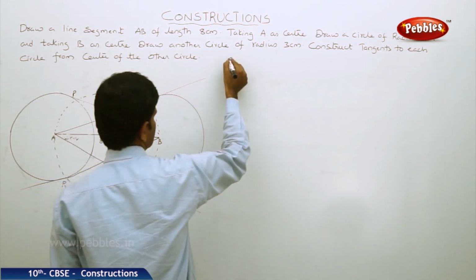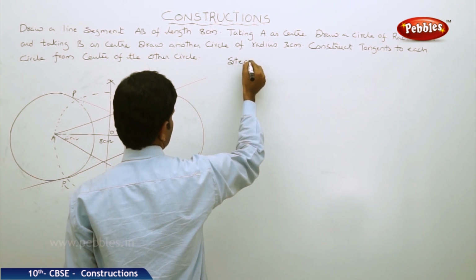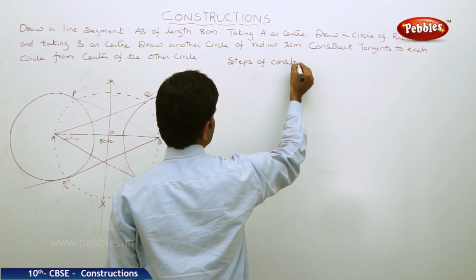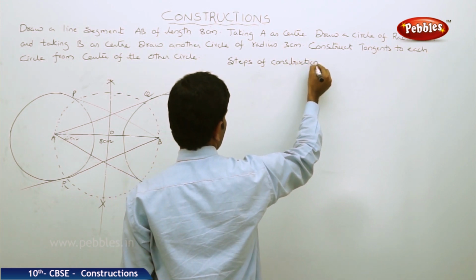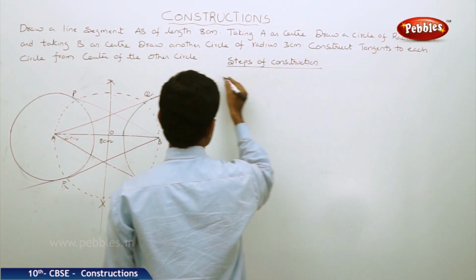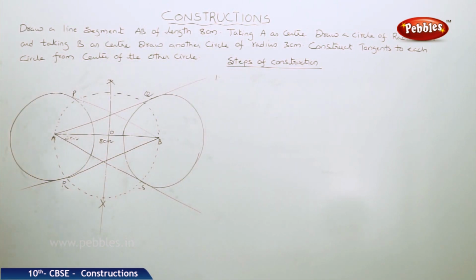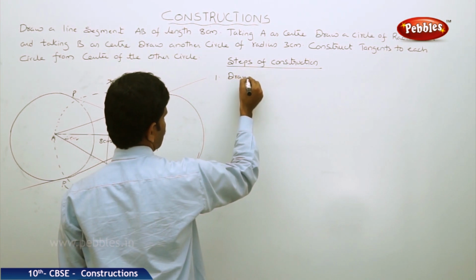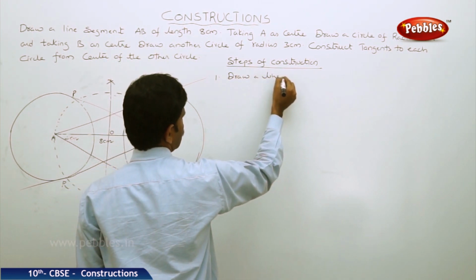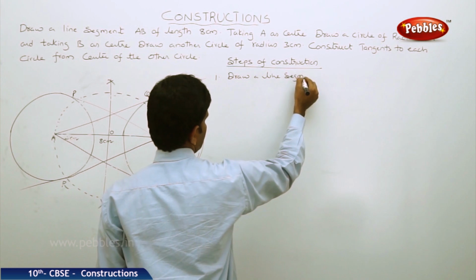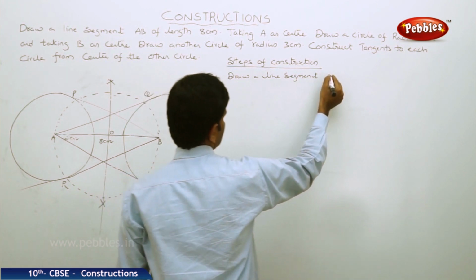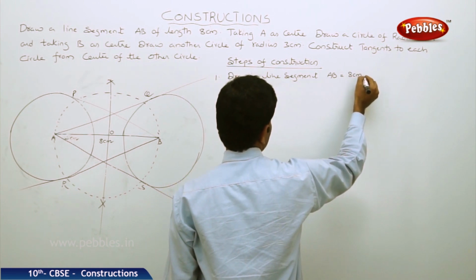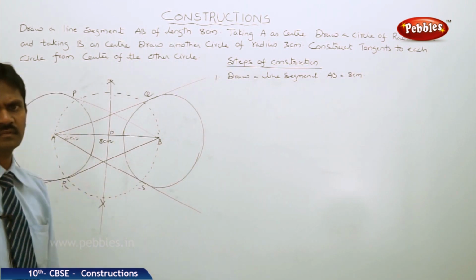Steps of construction. Draw a line segment AB equal to 8 centimeters.